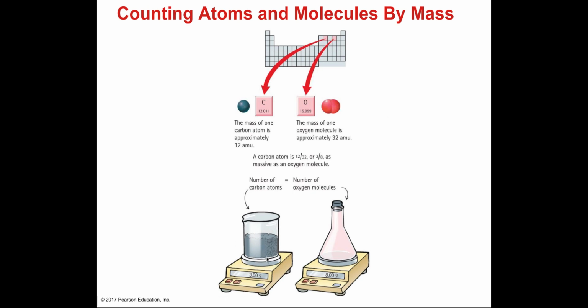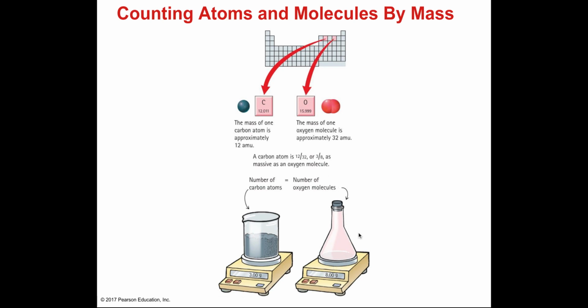If you look at this image, you realize that I weigh 3 grams of carbon. And so these 3 grams of carbon is equivalent to a certain number of carbon atoms. Or let's say I weigh 8 grams of oxygen.